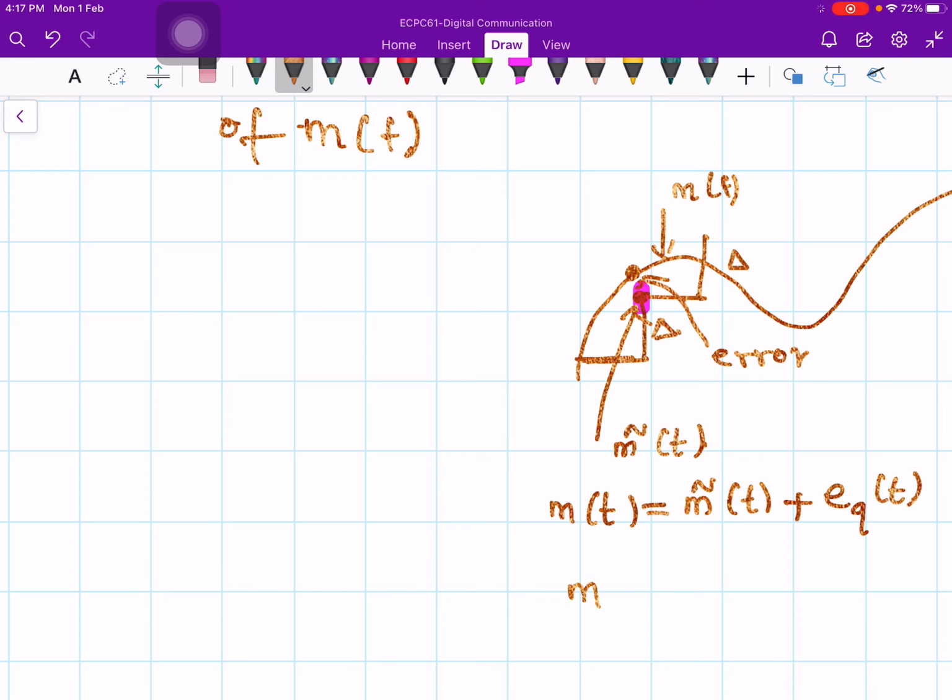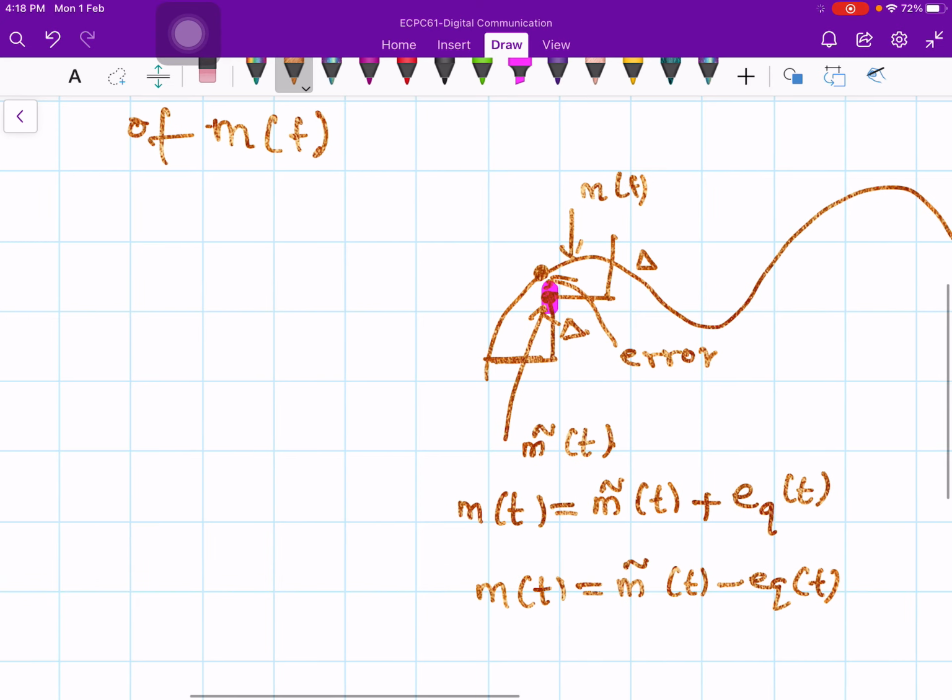Sometimes this same m of t can be m tilde of t minus e suffix q of t, depending upon the situation. For example, if you take here, this point and this point you compare, and this is my m tilde, this point is m tilde of t, and this one is error, and this one is your actual signal m of t.